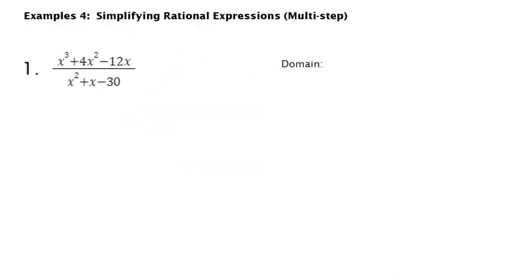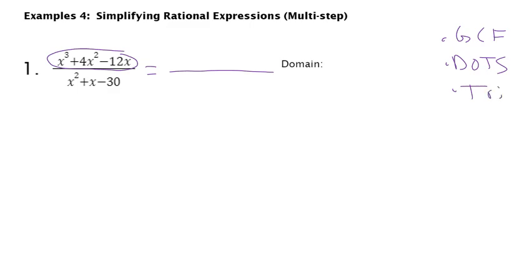In the last set of examples, again, nothing really too different. We just maybe have multiple factoring that we're doing, right? So in this case, we're going to do the same thing. We're going to factor the top and the bottom. So the first thing, again, we go through that checklist: GCF, difference of two squares, and then if it's a trinomial. We do have a GCF of x, so I'm going to pull out an x.